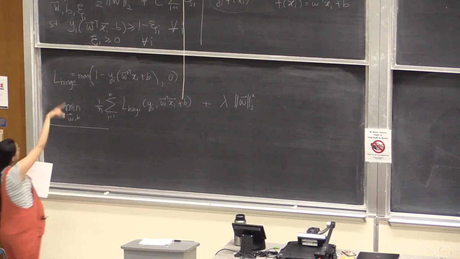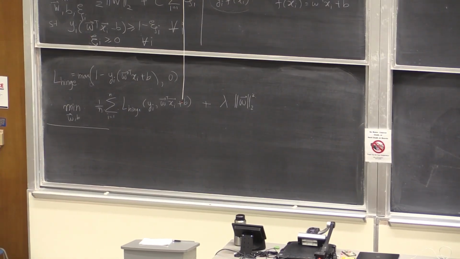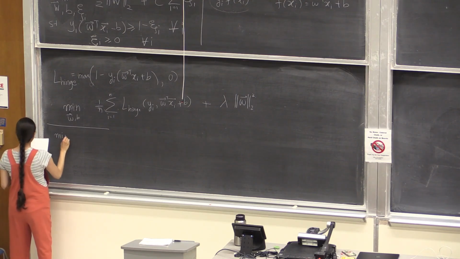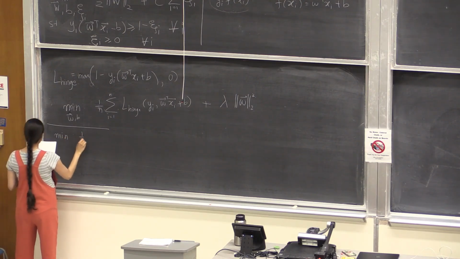So let's now look at our soft margin SVM over here. Let's compare these two things. I'm going to rewrite this a little bit, and write it as min of 1/2.